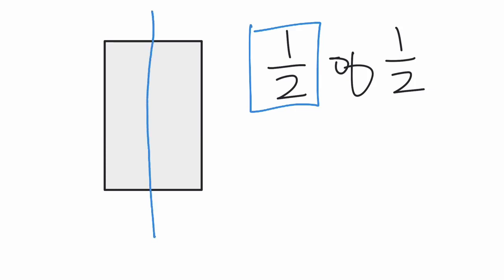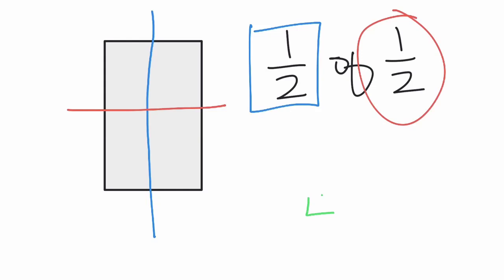So the first fraction is a half. If I draw using blue or whatever color you have, I cut the rectangle in half. And now it's asking me to cut the rectangle in half going the other direction. When I cut that in half going the other direction, I went from having 2 pieces to now I have 4 pieces.